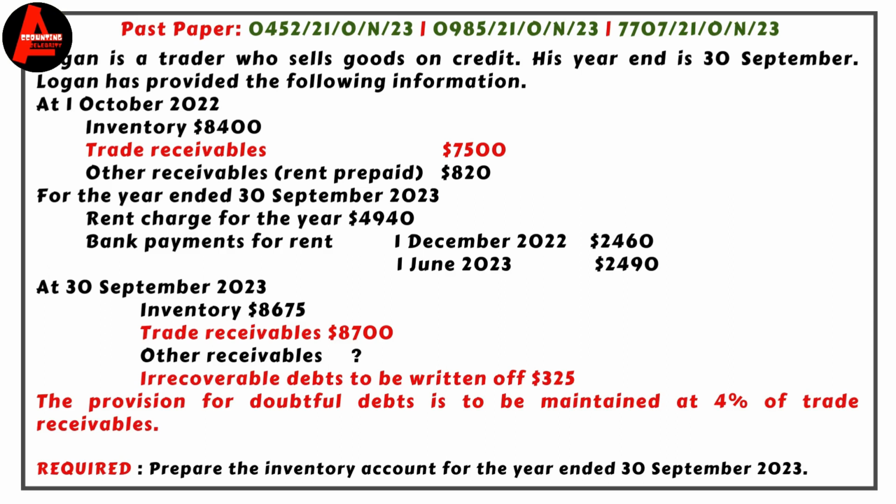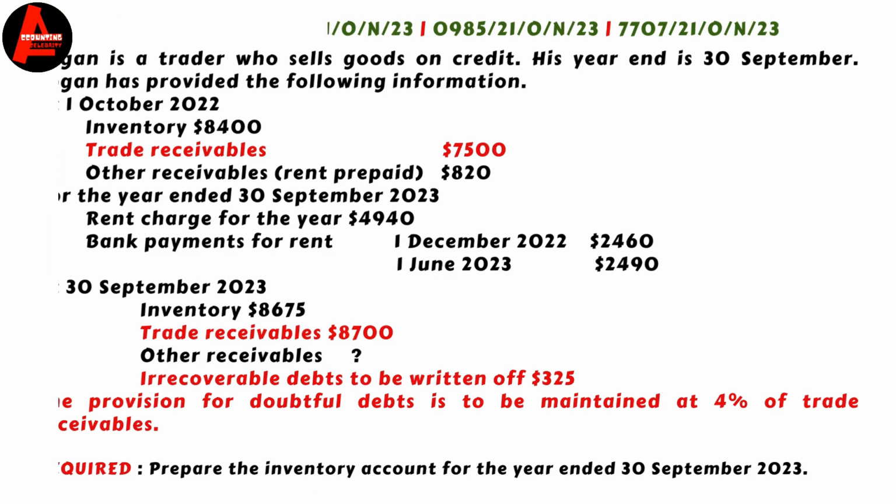Other receivables are not related, trade receivables are related. Then at 30 September 2023, inventory, again trade receivables, it is $8,700. Here we also have irrecoverable debts to be written off $325.